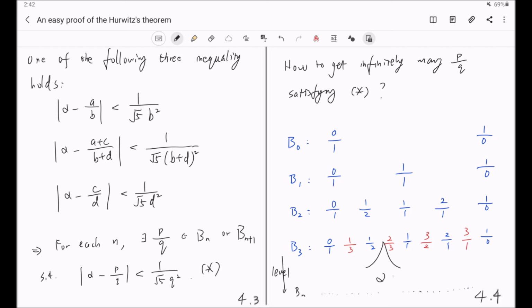And because alpha is an irrational number, as you keep dividing, you can always squeeze alpha between two new pairs eventually. Since alpha cannot be equal to any number in the Broca series, it cannot belong to the Broca series. That is why you can produce infinitely many pairs satisfying the star inequality.